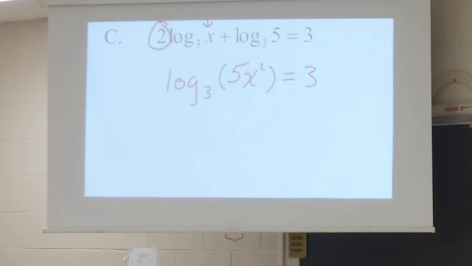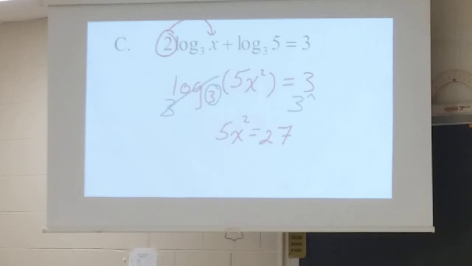Now, this base 3 that I circled in blue, that base is how you undo the log. You base both sides. It's called exponentiation. You base both sides with a 3. And over here on the right, it creates a power. It creates 3 to the 3rd power, which happens to be the number 27.